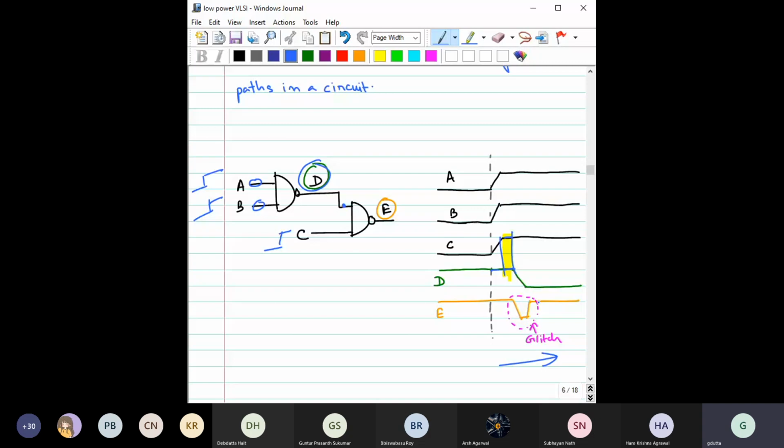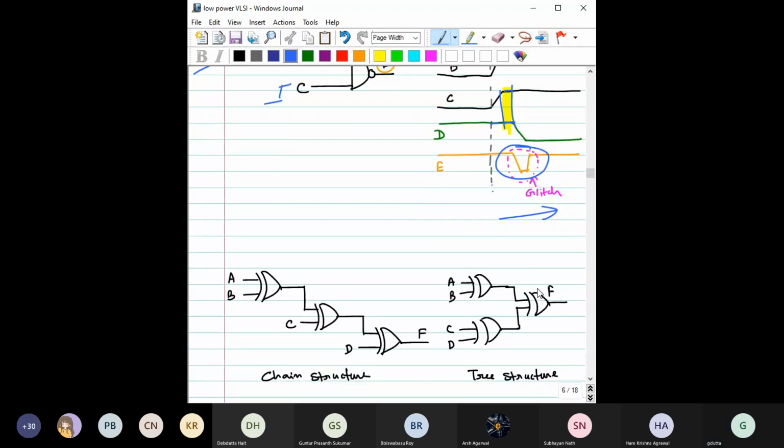This transition is an unwanted transition, and this unwanted transition is called a glitch. Whenever there is a switching, either from on to off or off to on, there will be some power dissipation. So you want the number of glitches to be as low as possible for your low power design.